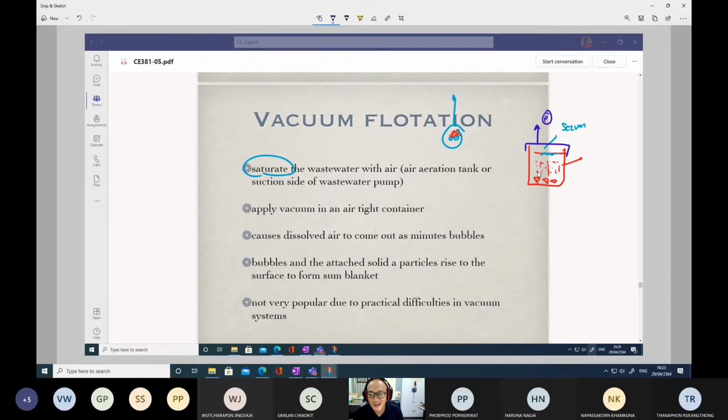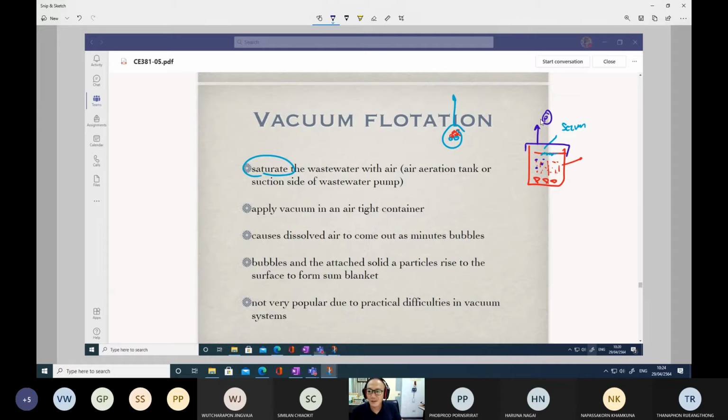Once we apply the suction, the air which was completely dissolved will again become bubbles. It's the same thing that happens in dispersed air flotation. So this bubble formed due to the suction will get attached to these solid particles and bring them to the surface.